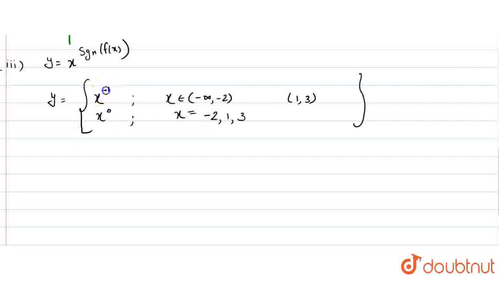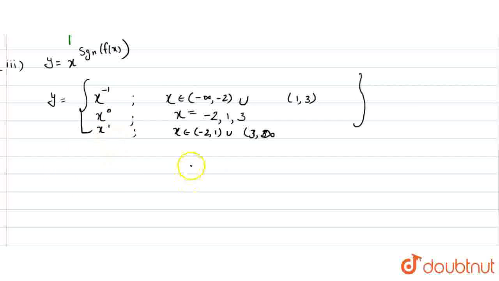It is minus 1 when x belongs to this, and x is to the power 1 when x belongs to minus 2 to 1 union 1 to 3 to infinity. Maybe this was our question. So y is equal to 1 by x, and 0.